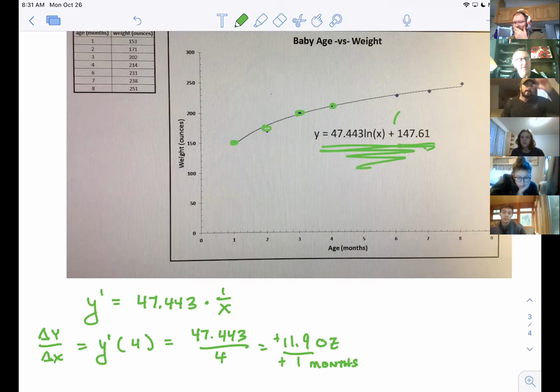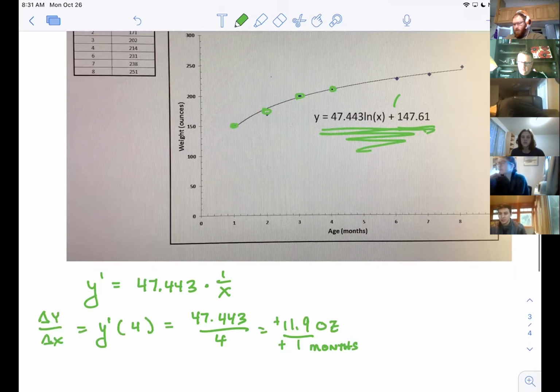I can find an equation that models the growth of this animal if I'm a veterinarian. I know how to use this equation to predict things, like their weight next month. But I can also, when it's useful, take a derivative. And this tells me that at that point, their weight is increasing at 12 ounces a month.